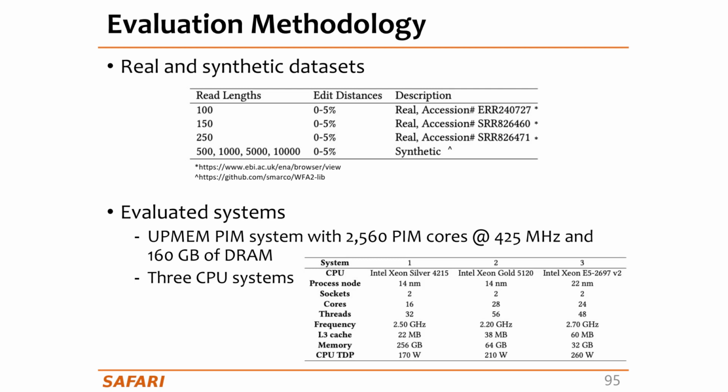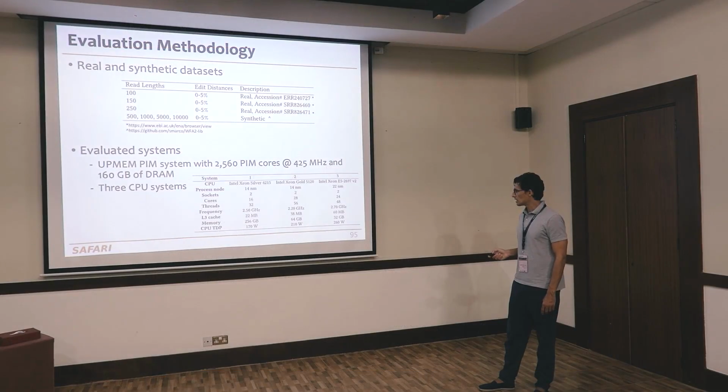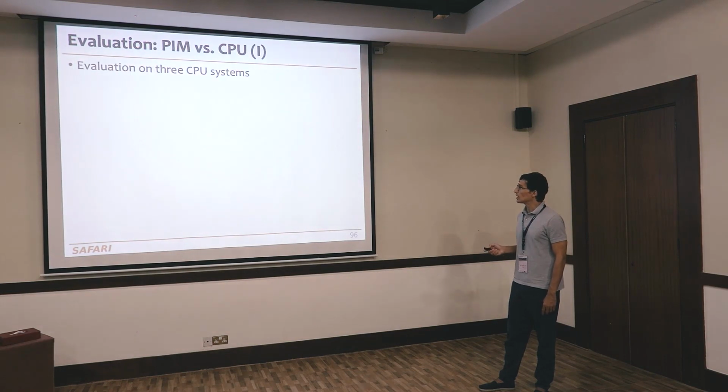We didn't use GPU here because there was no GPU implementation of all these workloads that we used back then when we were working on this project. Now there are some. We compared the 3 different CPU systems. As you see, they have relatively different characteristics. The interesting one is the third one, because it has the largest L3 cache.